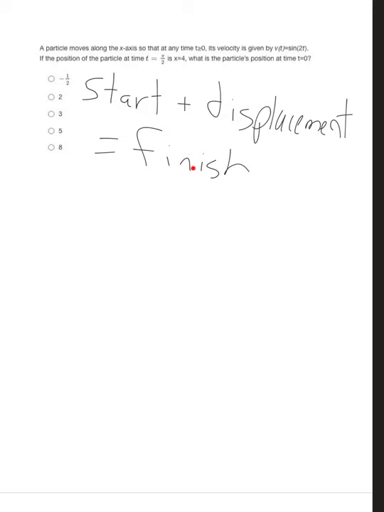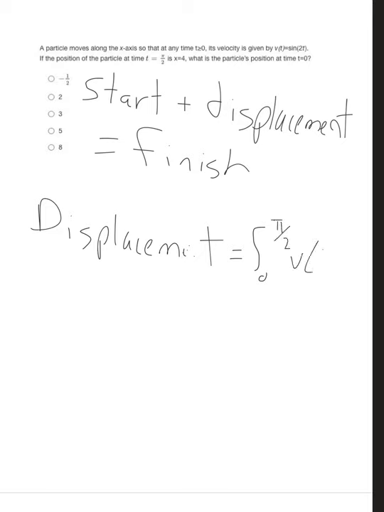I'm given this. So of course, to find the displacement, you just take the antiderivative, the definite integral of the velocity. So my displacement is going to equal the integral from 0 to pi over 2 of v of t dt. And so I have to take the antiderivative and plug in.